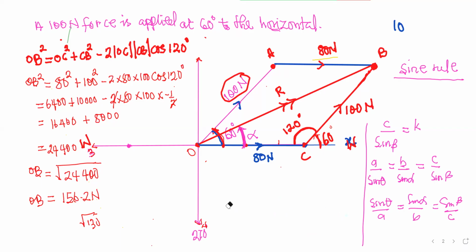So we are looking for alpha. Sine alpha over what is the side opposite to this interior angle alpha?